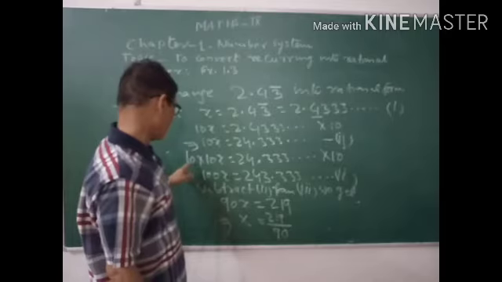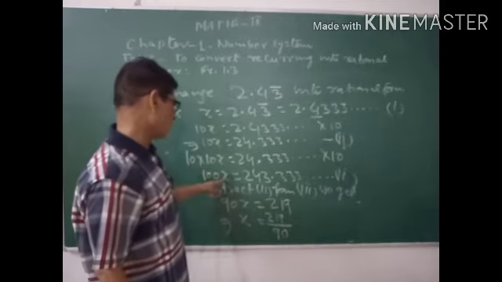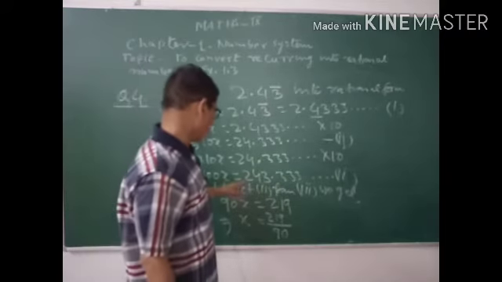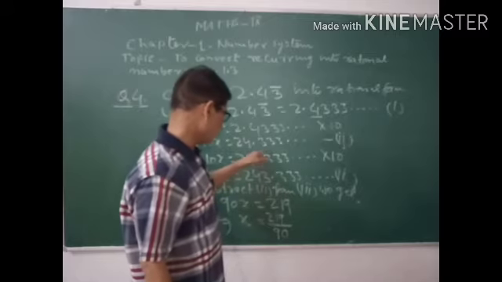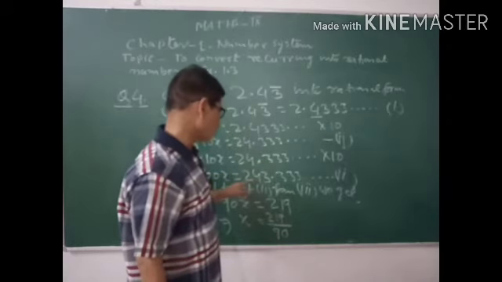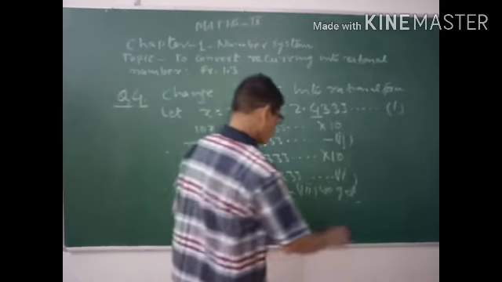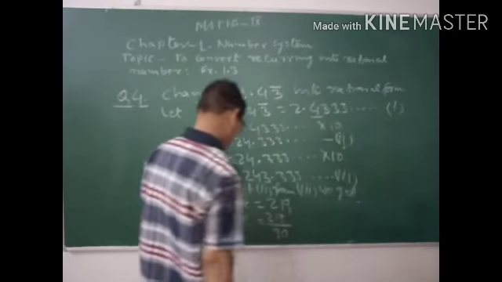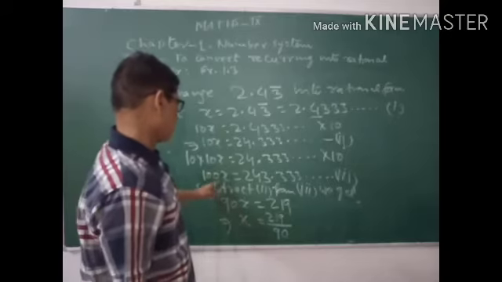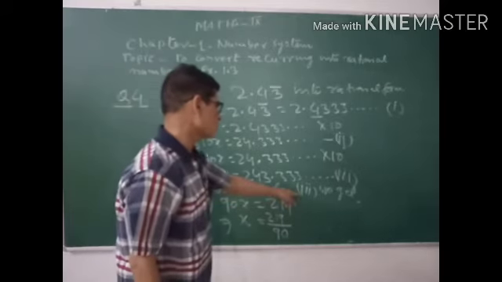We get 10 into 10 are 100x. This will be equal to 243 will come out. This will become 243.333. This is your equation third. Now subtract second from third.